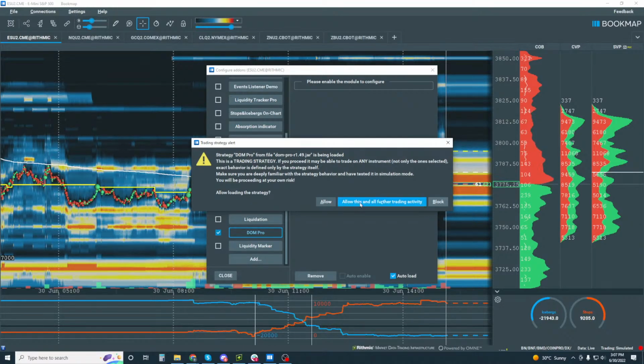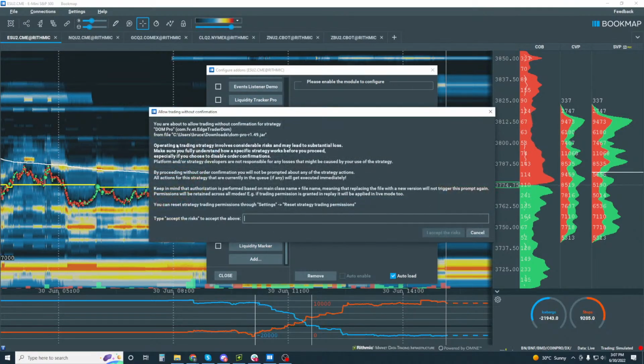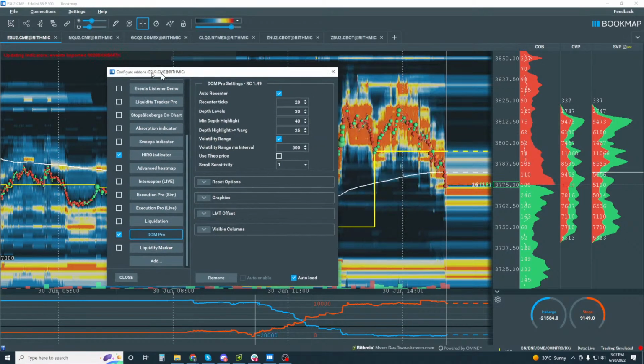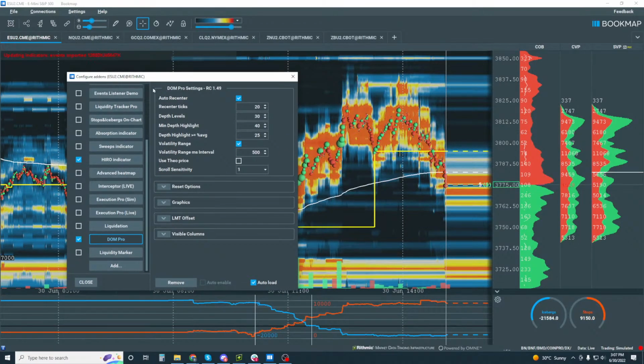We're going to click on accept the risks, read through this, and then type, I accept the risks. Then we got it. It's adding it right now or updating it, so it'll be here in just a second, and then we can go through some of the details in here.